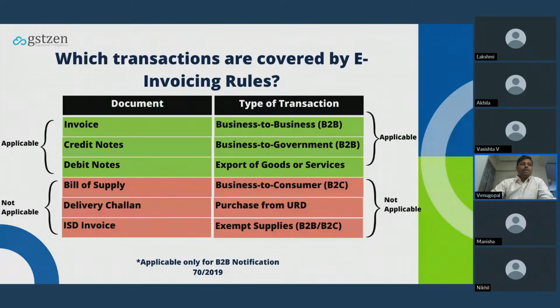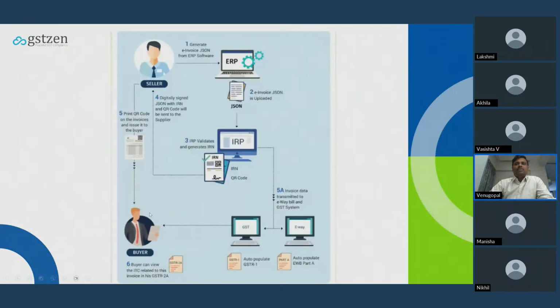Let's look at the process of generating an invoice. You have a taxpayer who is the seller having an ERP, in-house ERP, a standard ERP, whatever. They would connect the ERP application in the backend to the GSP.